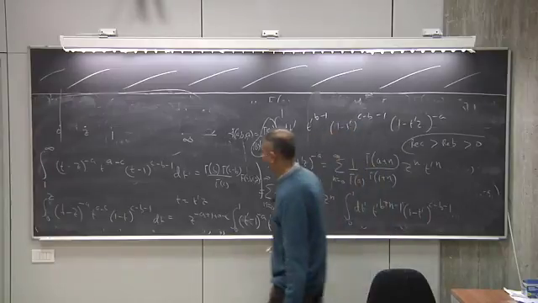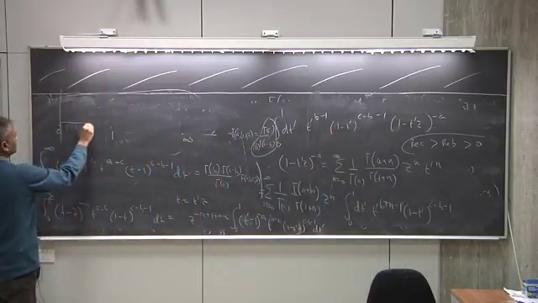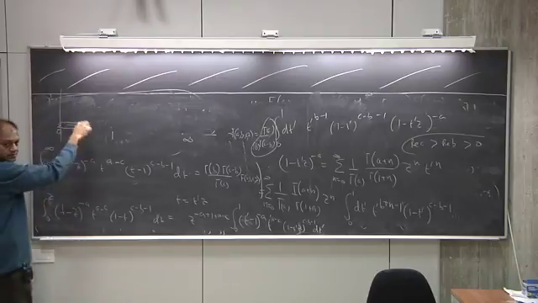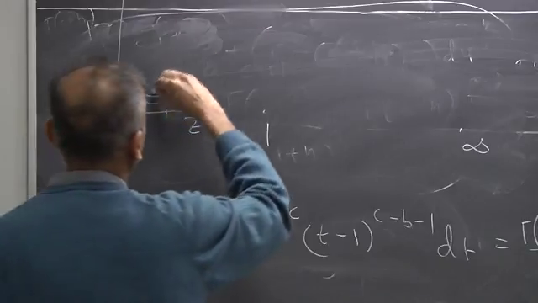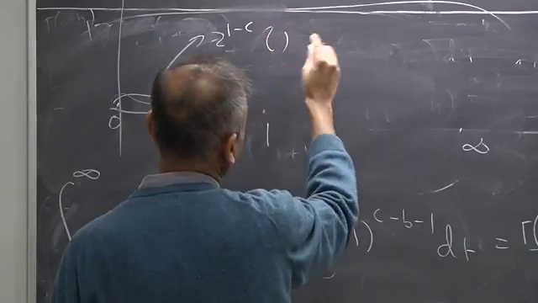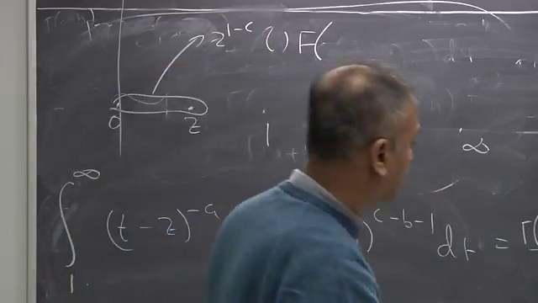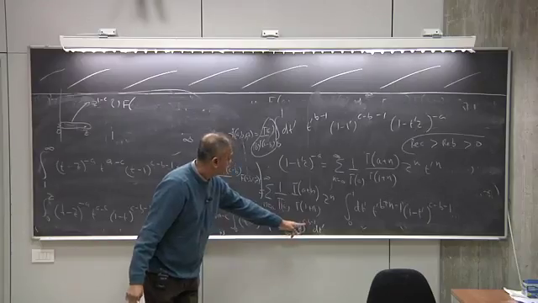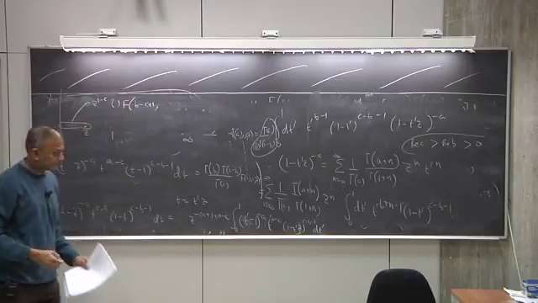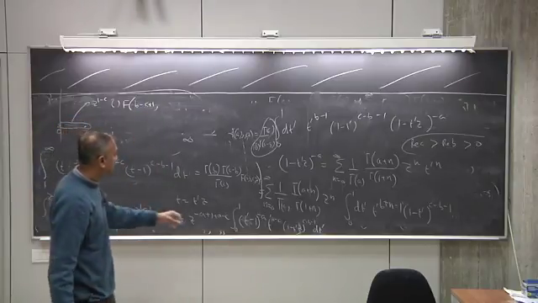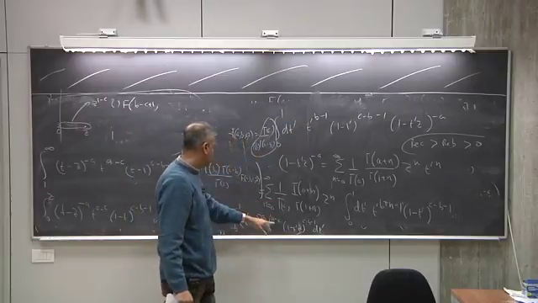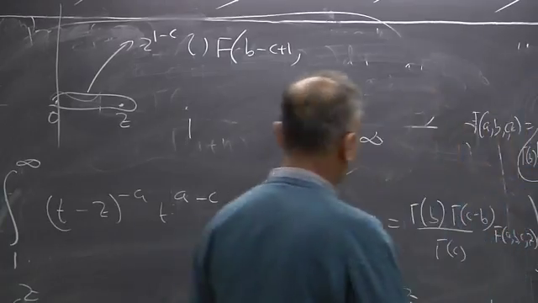So what we conclude is that this integral, if I take this contour integral, I mean, this is just a notation. I have to just make a closed contour, right, in such a way that the boundary terms vanish. So this gives me z to the power of 1 minus c times, up to some constant, times F. Well, a is replaced by b minus c plus 1. Right? And then the coefficient b was this power plus 1, which is a minus c plus 1, right?